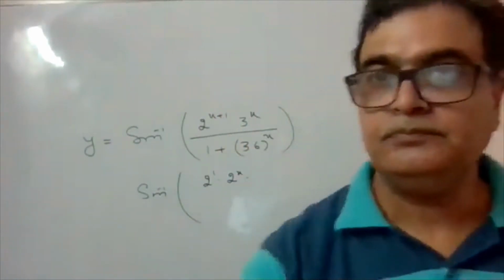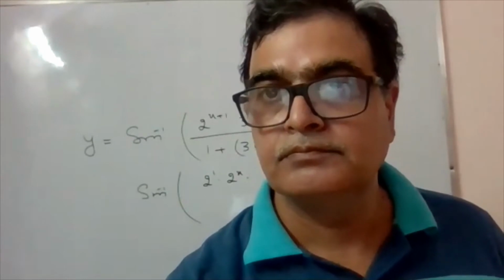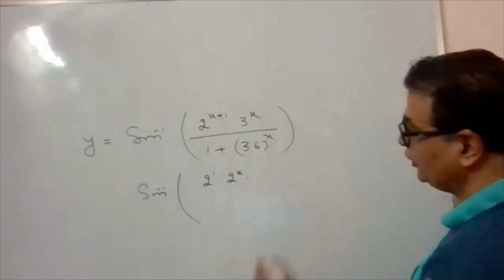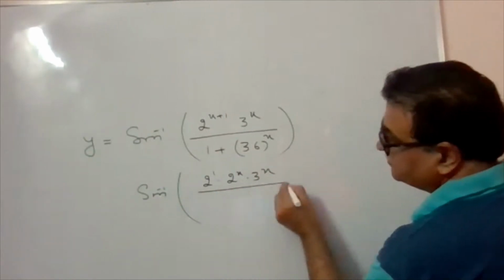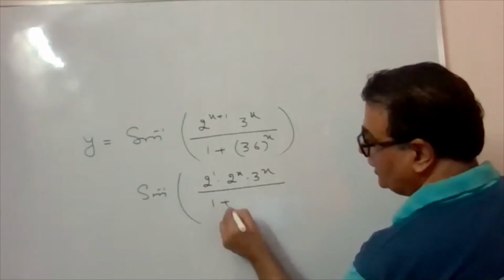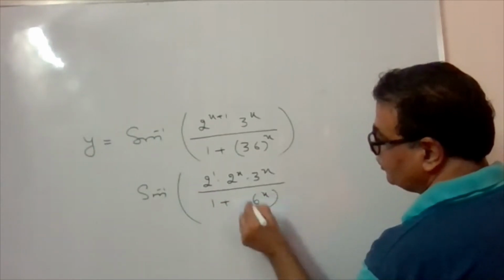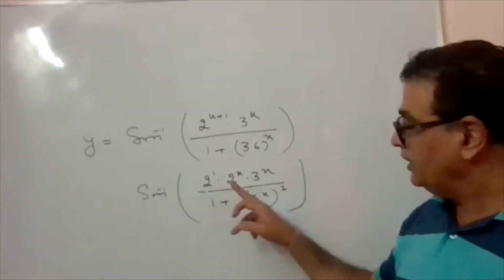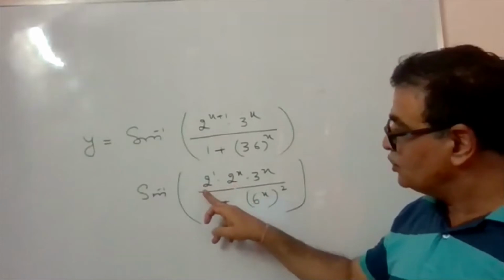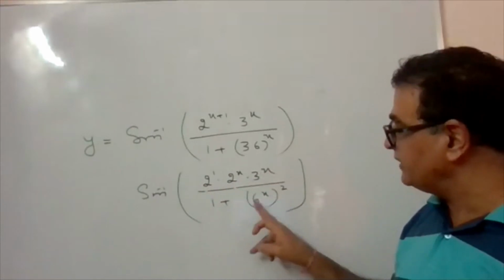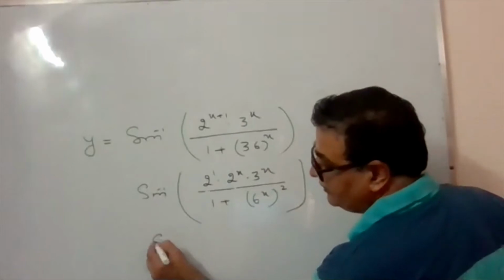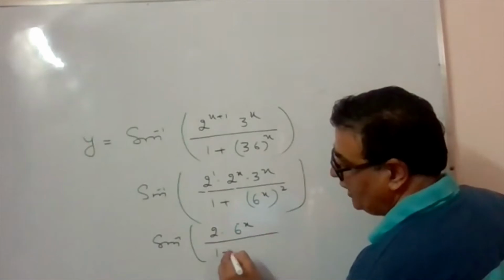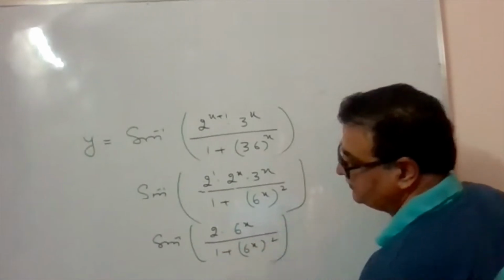Two power 1, it will be 2 power x into 3 power x I will write. And here we will write 1 plus 6 power x whole square. Just check here, 2 power x, 3 power x, it is 6 power x whole square. You can write this as sine inverse of 2 times 6 power x by 1 plus 6 power x whole square.